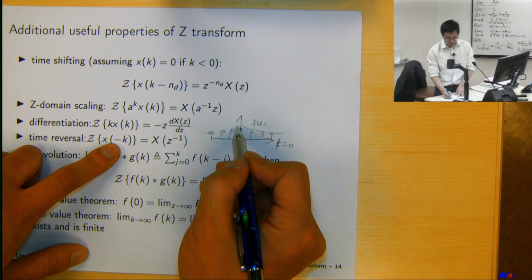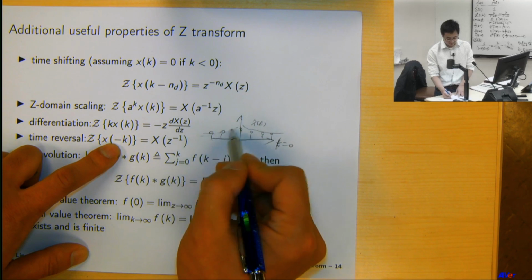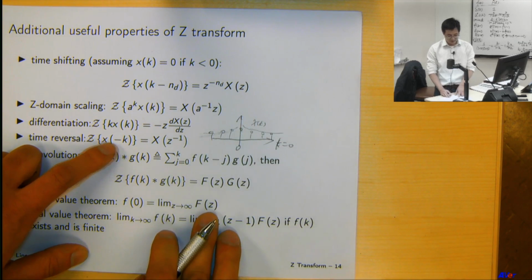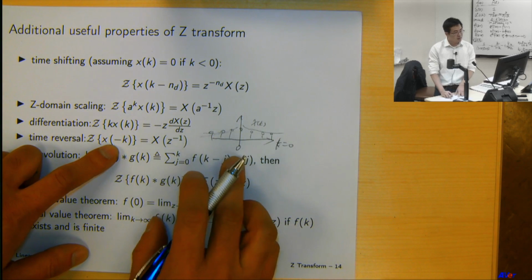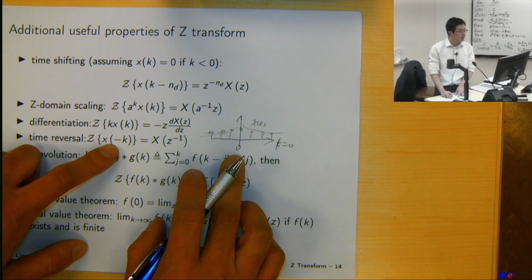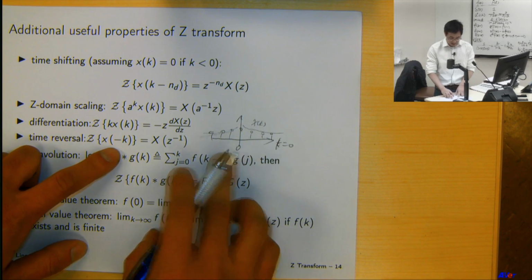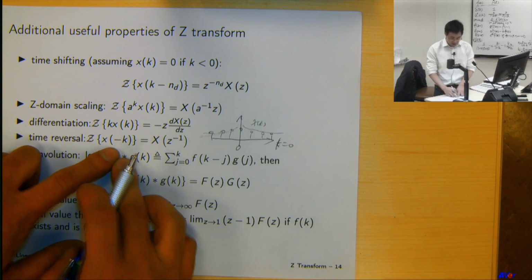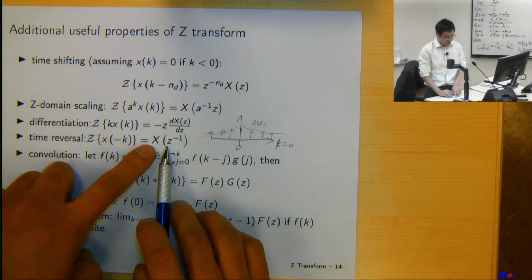This sequence goes like this. It's no longer the usual case that we talked about. The sequence is all 0 for negative time index, but it has a specific form. Then its Z transform can be directly worked out.